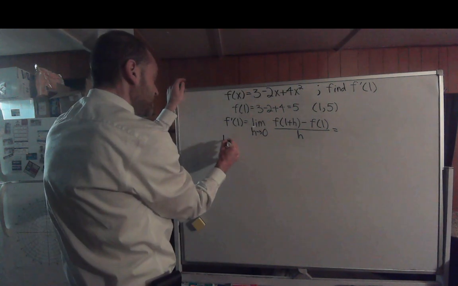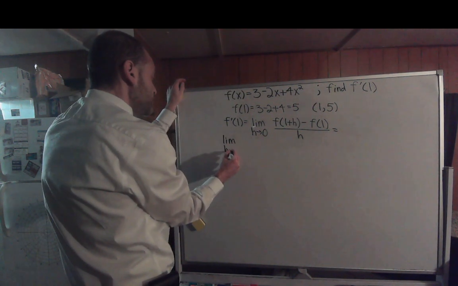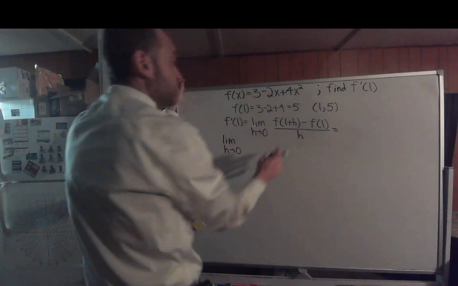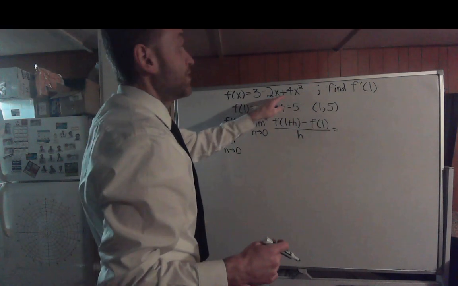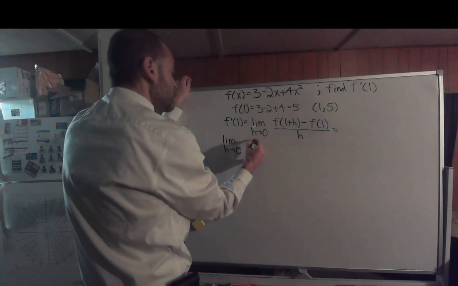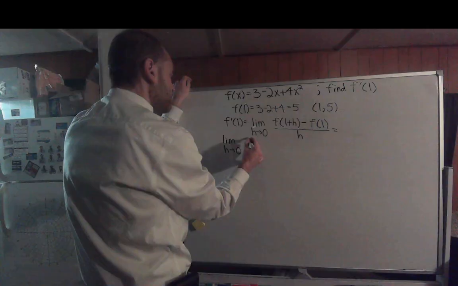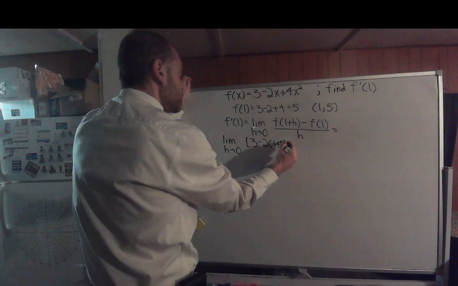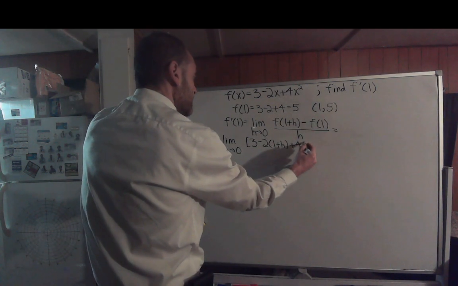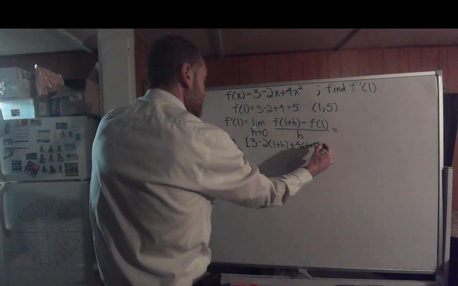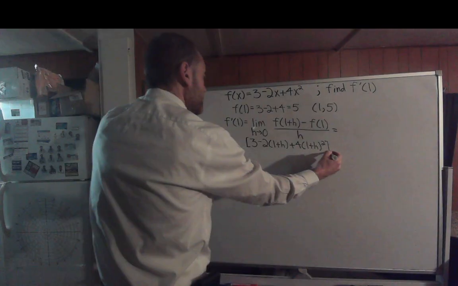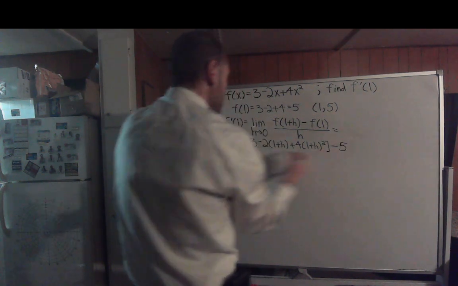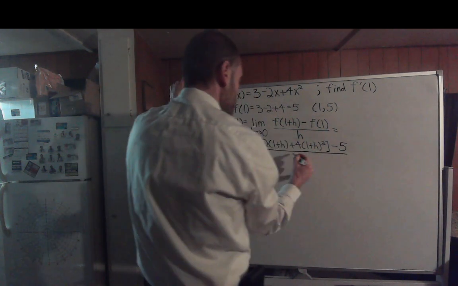So we're going to take the limit as h approaches 0 of f of 1 plus h. Wherever we see x, we have to put in 1 plus h. So this would be 3 minus 2 times 1 plus h plus 4 times (1 plus h) quantity squared, minus f of 1, which we've already determined is 5, all that divided by h.